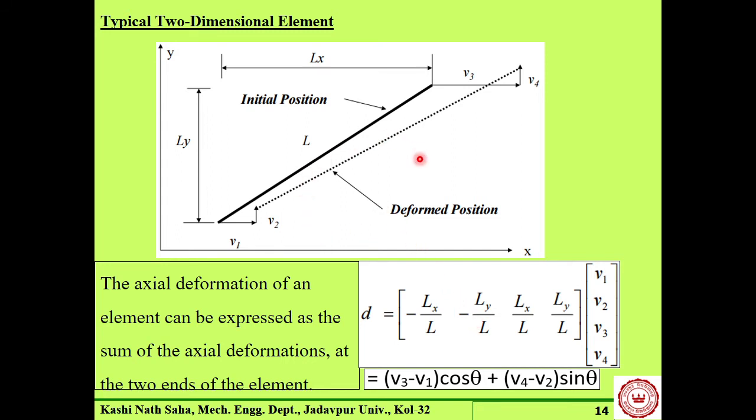Now the displacement field or deformed position is given here. What we note from here is that to obtain this deformed position, this is actually the deformation of the body. From this figure, at this point our displacement fields are v1, v2 along x and y. Here they are v3, v4 along x and y.